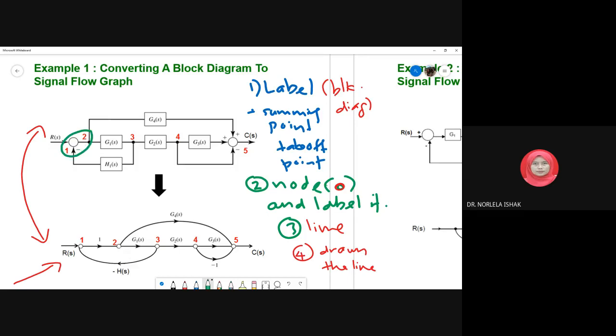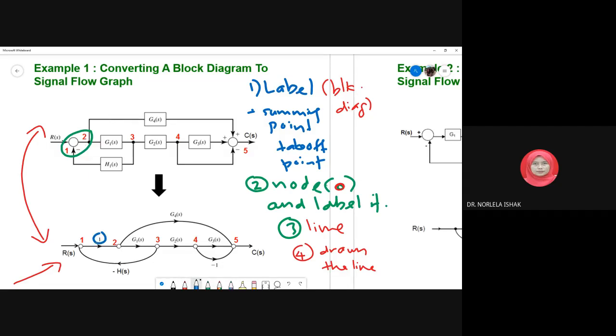Any block between knot 1 and 2? Ada block tak? Ada block ke tak ada? Oh, tak ada. Okay, if no block between knot 1 and knot 2, we label with 1.